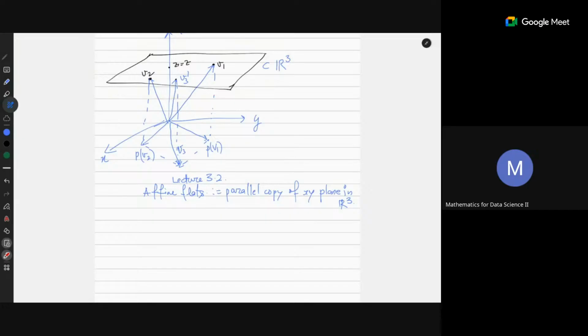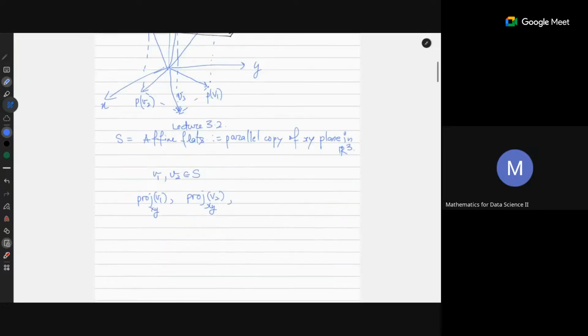Now, how do we define the addition? So we define addition like this. You take 2 points, let's say V1 and V2 in R3 in this affine flat. Let's call that S. Take 2 points V1 and V2 in S. And then what you do, you project V1 onto the XY plane, and you also project V2 onto the XY plane, and you consider their addition.